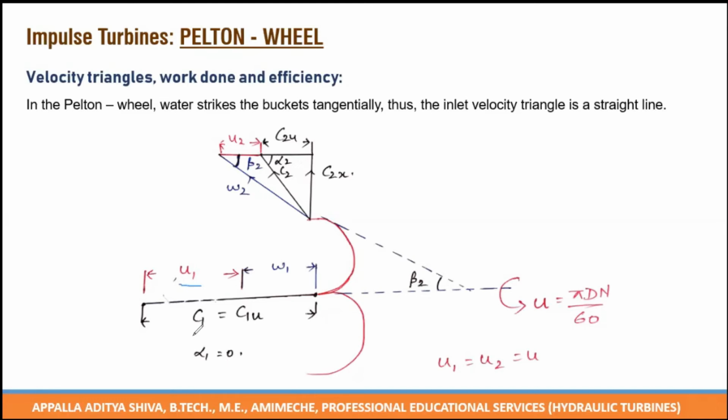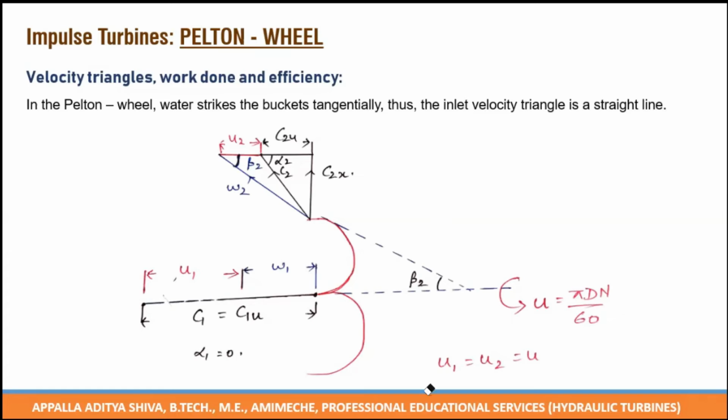C1, C1U and C1X, all components of C are related to the water only. And lastly, we have W, which represents the relative velocity component. So we have U, C and W. Now, in a Pelton turbine, the speed of the bucket remains constant at the inlet as well as at the exit.